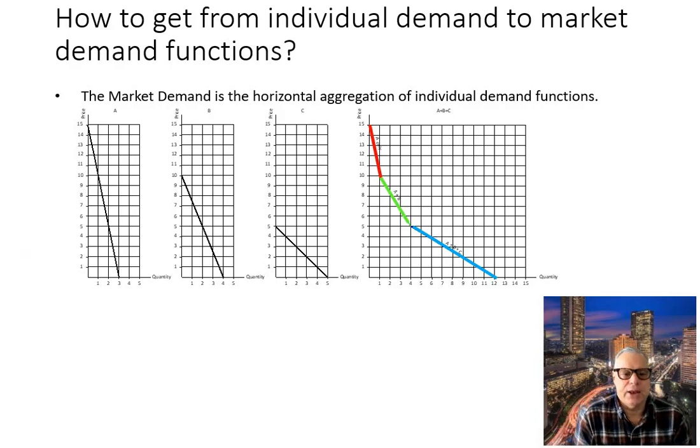And also, the individual demand function captures people's individual marginal utility at any given consumption level. That is the demand function. So every point on the individual demand function is a marginal utility.